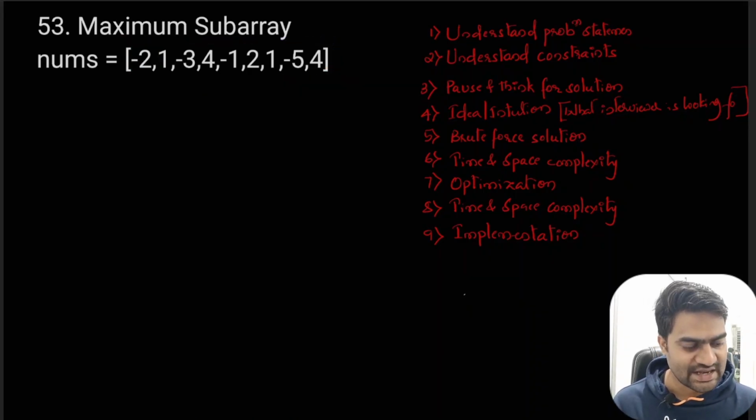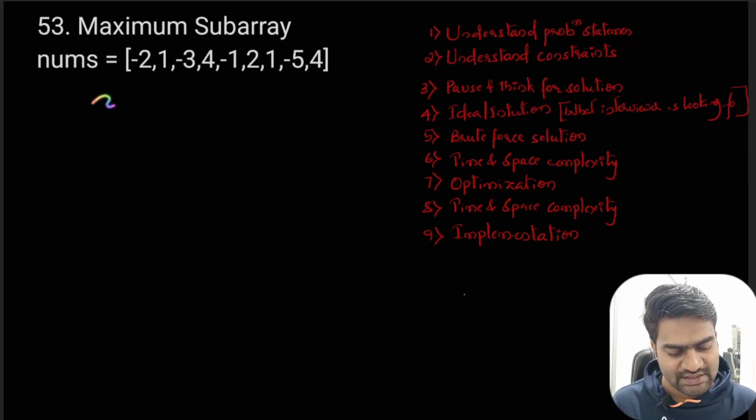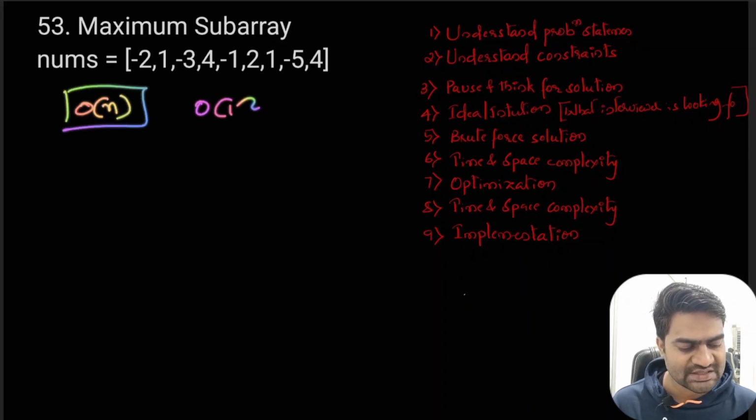With that understanding, maybe you can pause for a second, think about any possible solution for this particular problem, and come back. Let us also try to understand what the interviewer will be looking for by giving you this problem. He will be expecting you to solve it in O of n time complexity and possibly O of 1 space complexity.